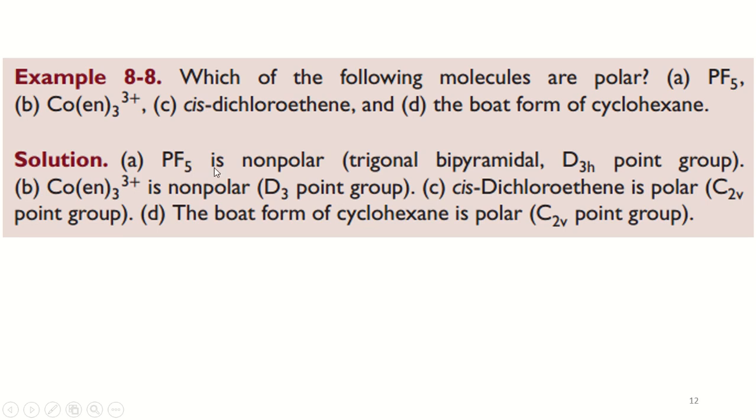PF5 is non-polar and its geometry is trigonal bipyramidal with D3h point group, while the second molecule is non-polar with D3 point group, while the third molecule is polar in nature with C2v point group, while the boat form of cyclohexane is polar in nature and possesses C2v point group.